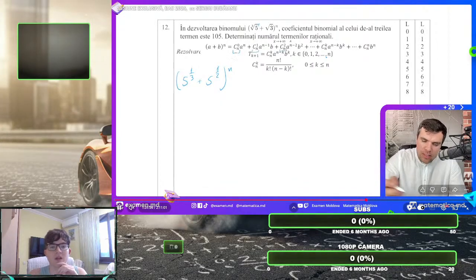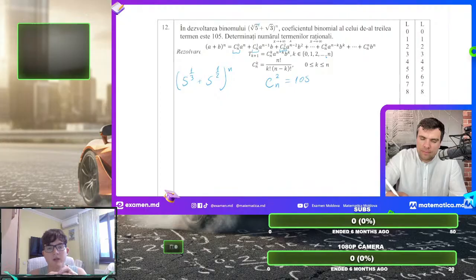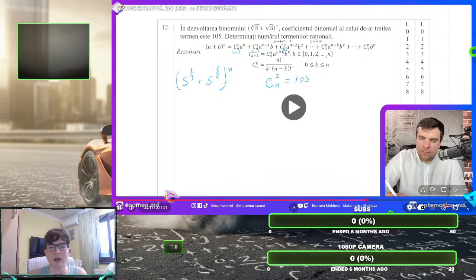Maybe he made a mistake, because you can clearly see there that it's 5 under square root, and then on the second square root is 3. Maybe he did a 3 there, I don't really know. Anyway, the third term is the Cnk formula, so k is 2 plus 1, so k is 2. So Cn2 is 105, so just solve that. Pretty much no issue.